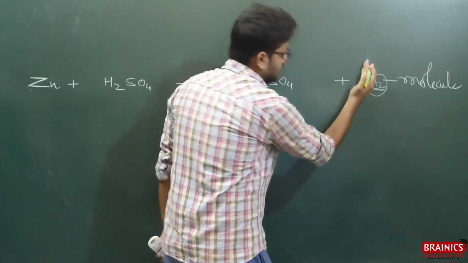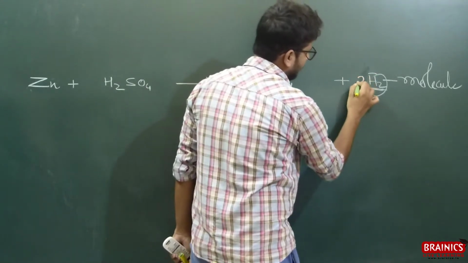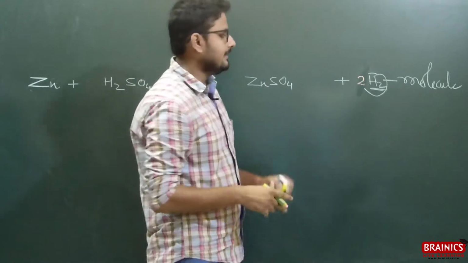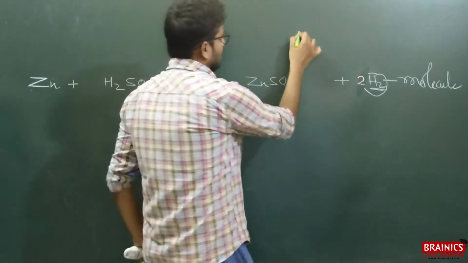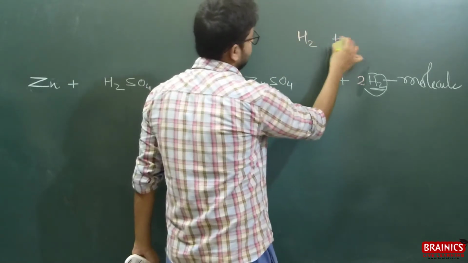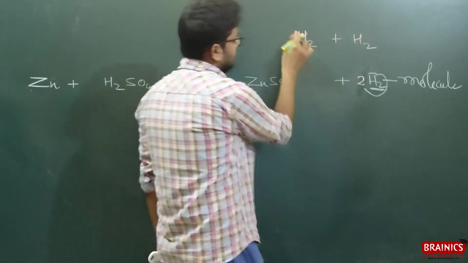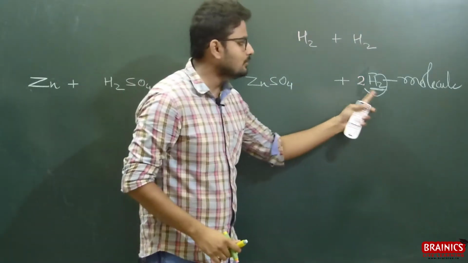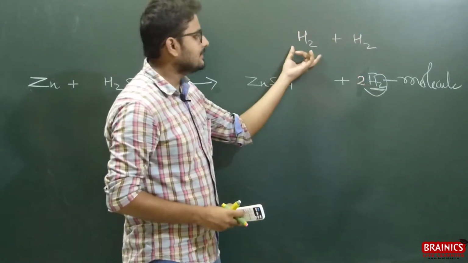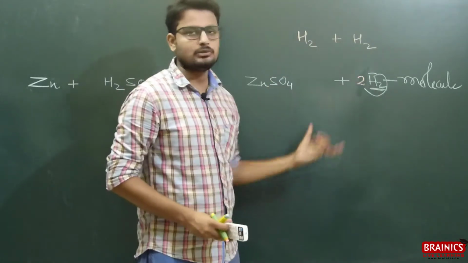If I put 2H2, that means you have 2 molecules, 1H2 plus 1H2. If nothing is written, that means 1. So 2H2 means 2 H2 molecules are present.